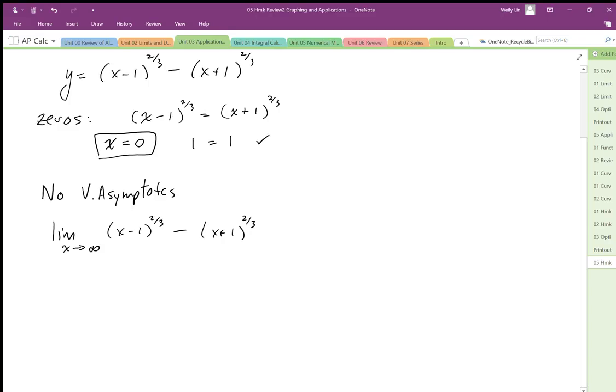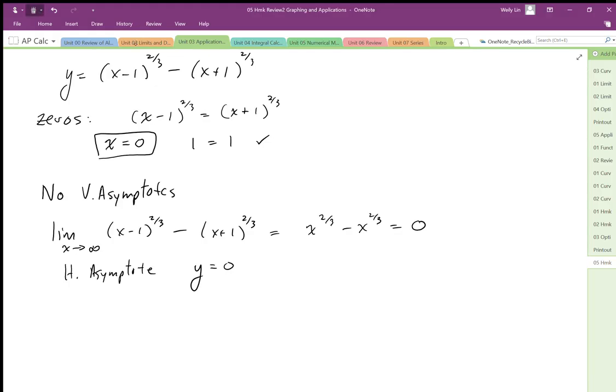So this is basically going to be equal to x to the 2/3 minus x to the 2/3, and that means it's going to have a limit of 0. So the horizontal asymptote is going to be at y equals 0.